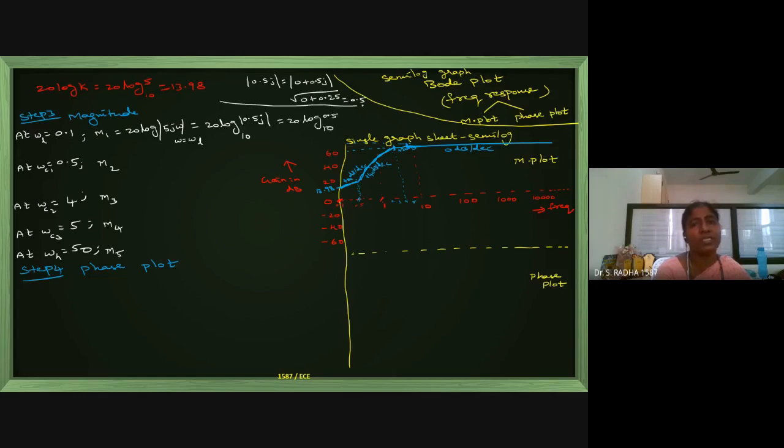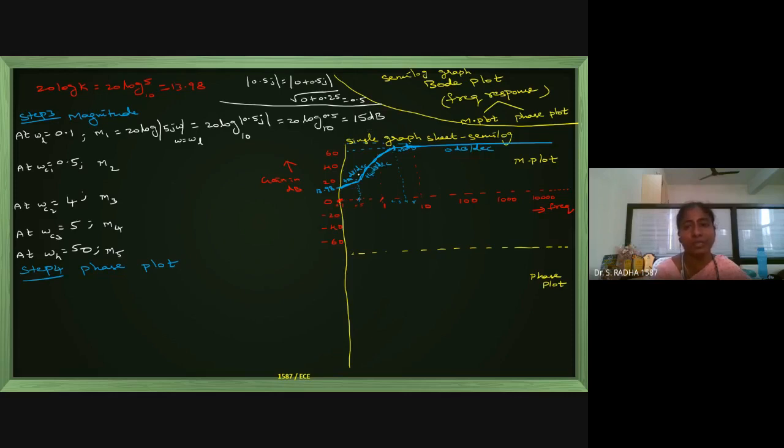Okay. For example, if I roughly assume this as some value like 15 dB, because 20 logarithm is applied, the units will be dB.